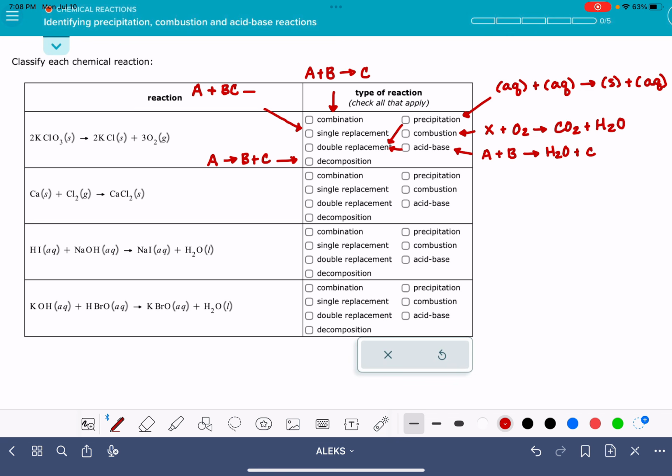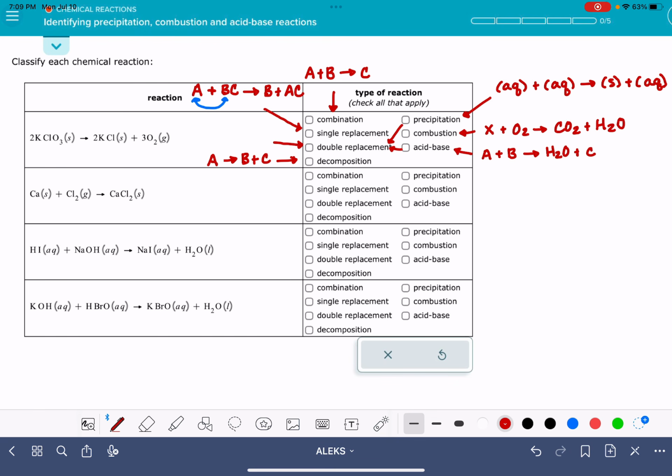I'm just going to call it BC. And in this reaction, the A is going to swap with one of the components of the other reactant. So that's going to convert it into something that looks like this. A single thing replacing another single thing. Now this swap that I'm showing here, it could be between these 2 substances as well. It would make this worded a little differently, but this is the general idea for single replacement.